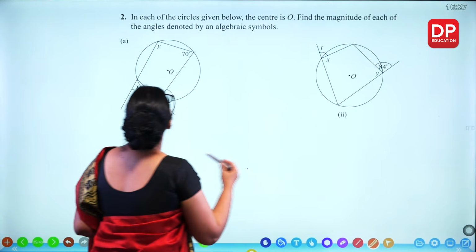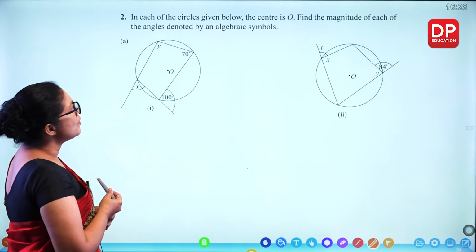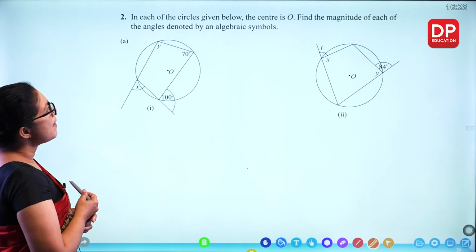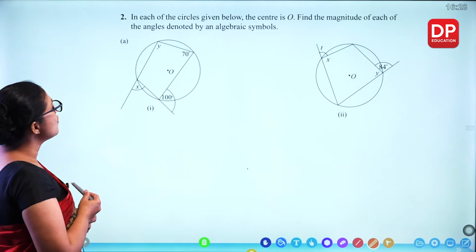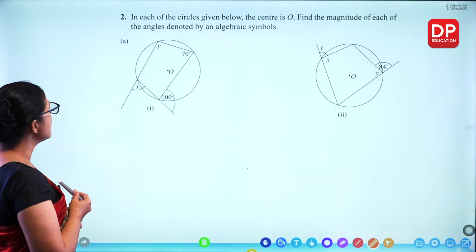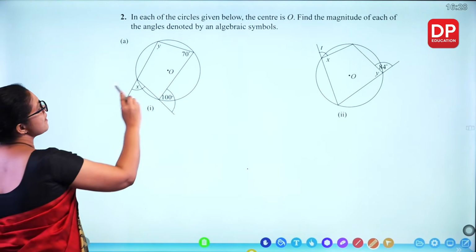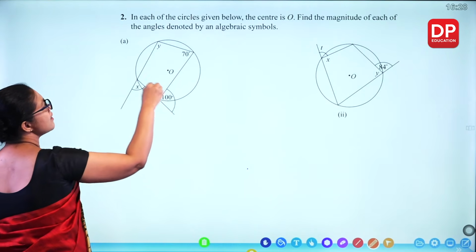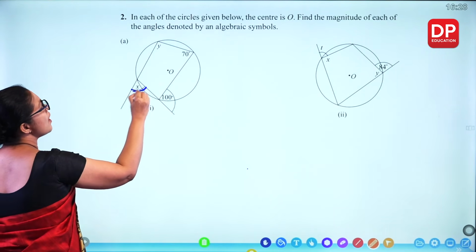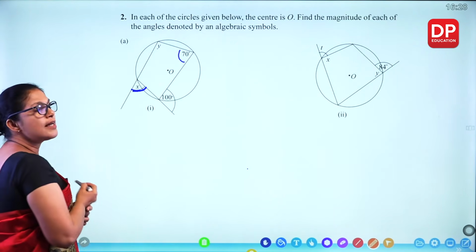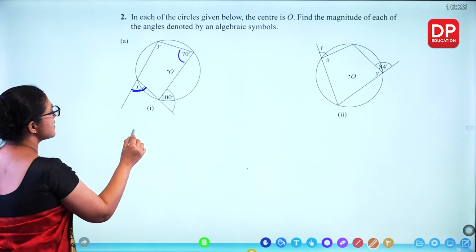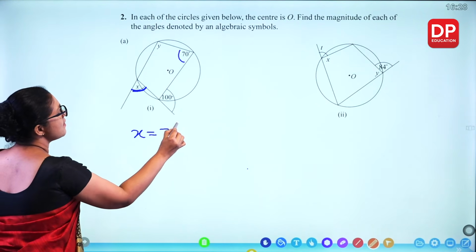Question number 2. In each of the circles given below, the center is O. Find the magnitude of each of the angles denoted by algebraic symbols. Look at carefully. This is a cyclic quadrilateral. To this one, this is the interior opposite angle. So what's x? X is 70.